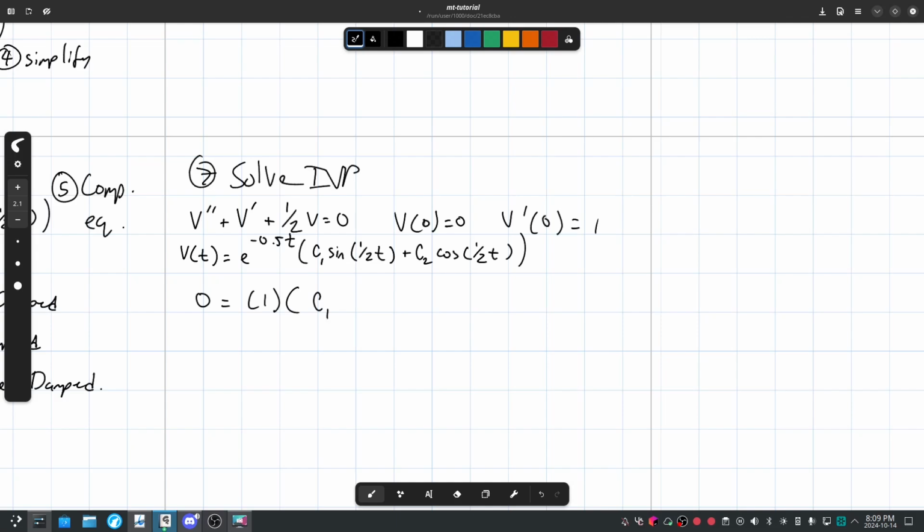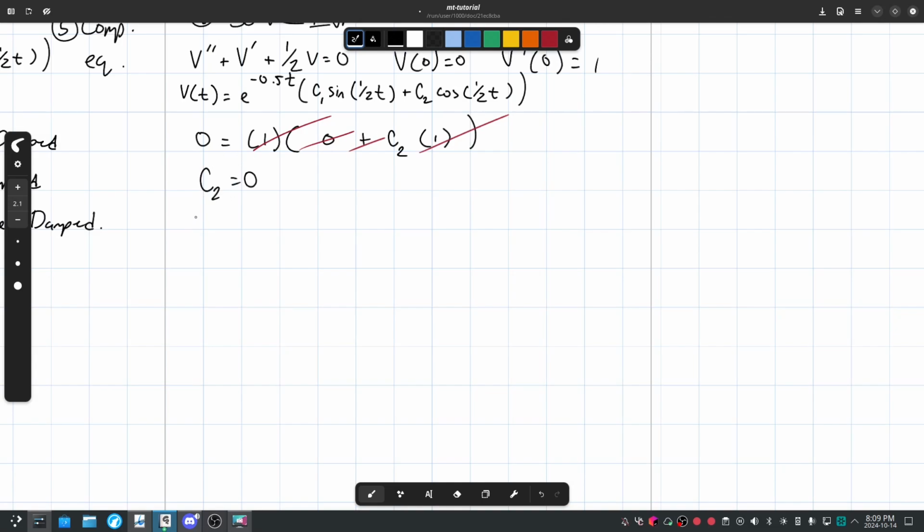Wait, sorry. What am I doing here? Sine at 0 is going to be 0, so that's just going to be 0 plus T2 of 1, because cos of 0 is 1. Simplify that out. Cancel everything out. T2 is equal to 0.